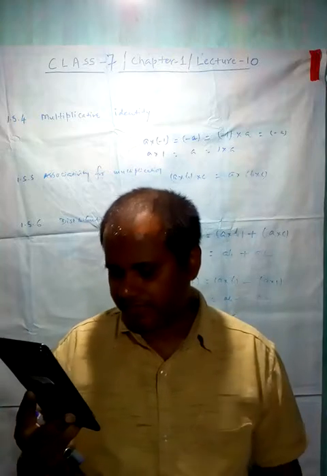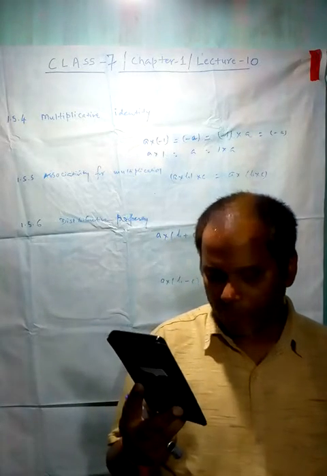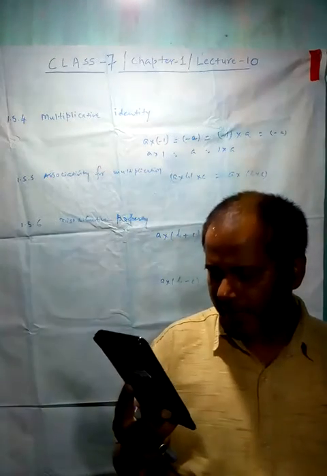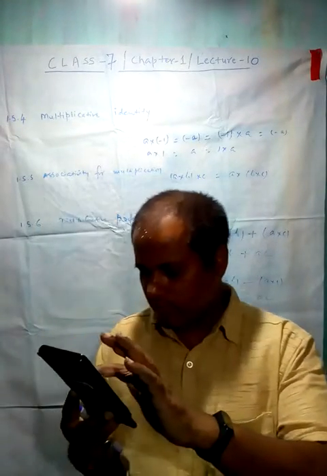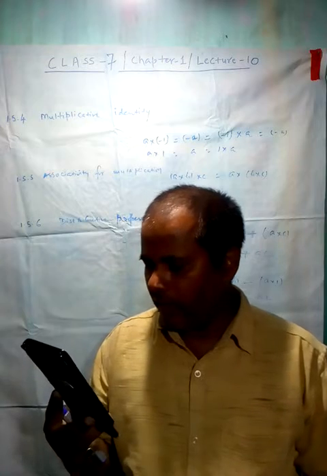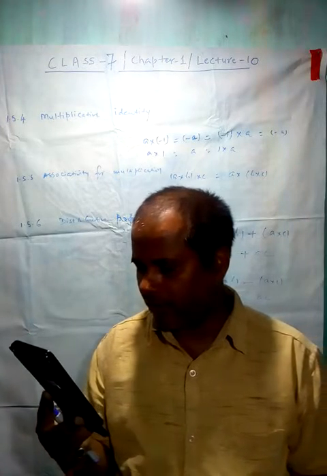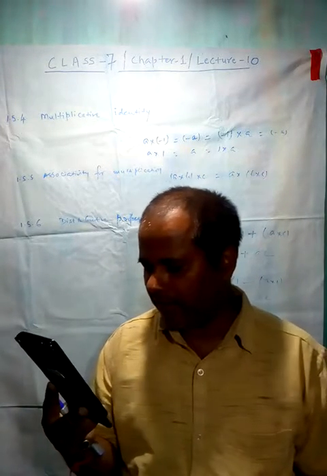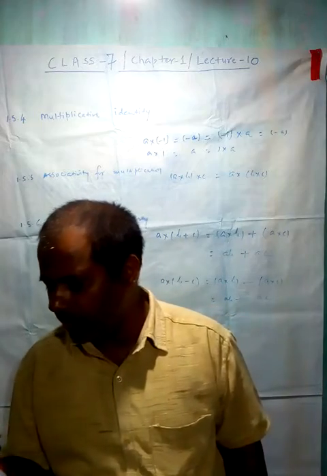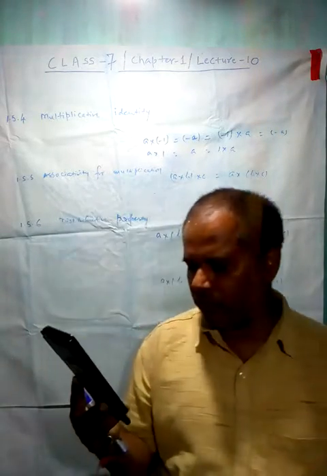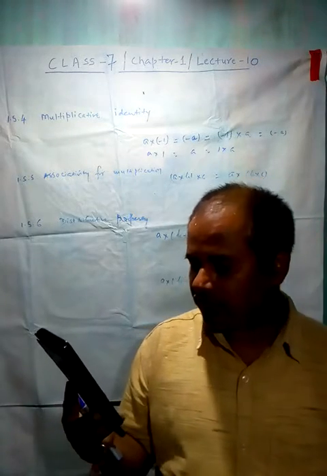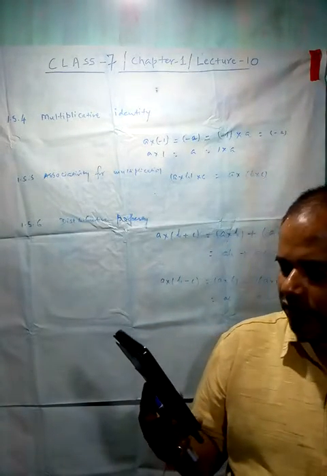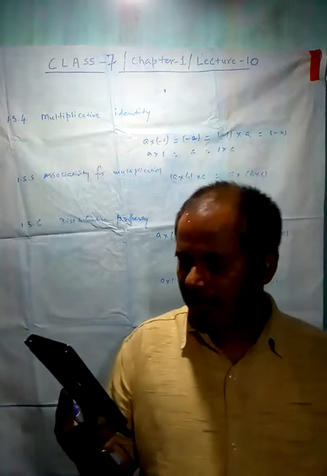In the first case, minus 3 and minus 2 are grouped together, and in the second case, minus 2 and 5 are grouped together. The value of the first is 30 and the second is also 30. So we get the same answer in both cases. Thus minus 3 into minus 2 into 5 is equal to minus 3 into minus 2 into 5. Look at this and complete the product.